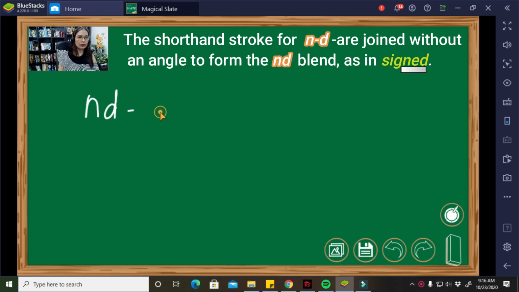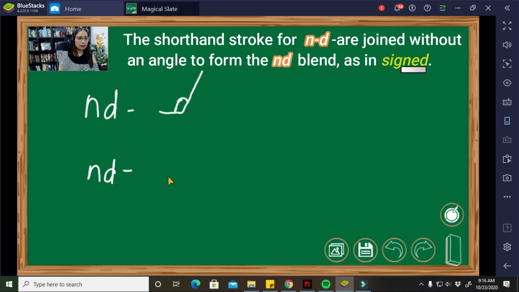Supposedly, if you're going to join N and D, this is how it looks. But if we follow the rule, we have to omit the angle here. Instead, we write it by blending the symbols.